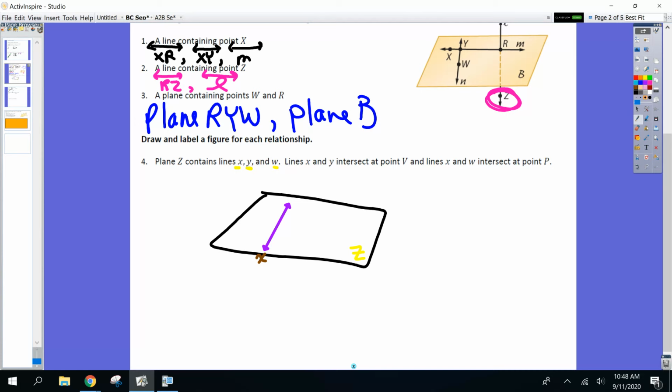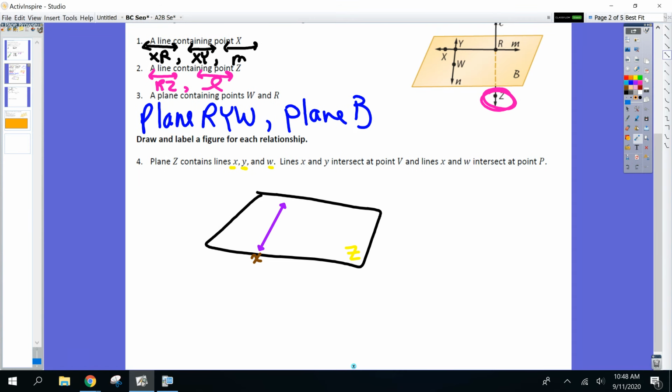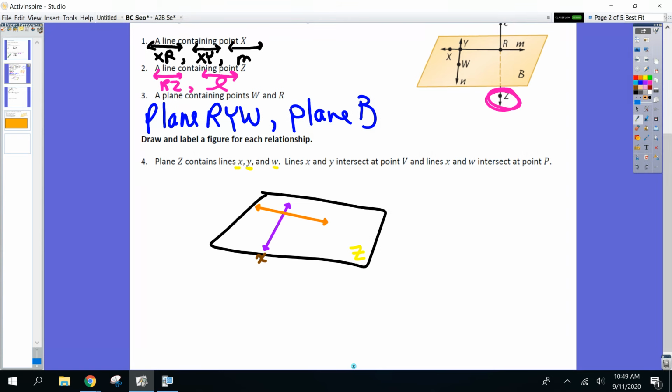And then I have line Y. It intersects line X at V. All right. So I need to make a second line, however you want, but it's got to intersect X. So I'm calling that Y, so I put a lowercase y next to that line, and it intersects at point V. Done. Okay? So everyone's good so far.